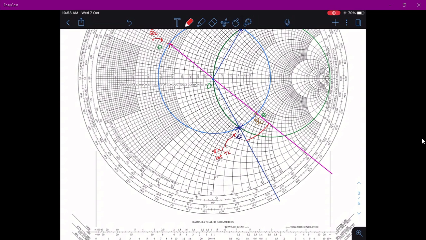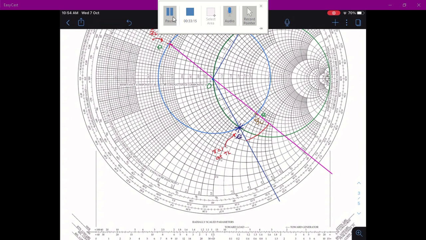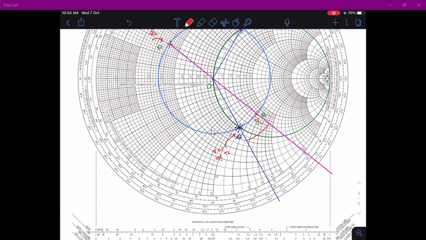If you move from the point YL to Q towards the generator, you will get the point. Towards generator means you move in the counterclockwise direction. You will get the point in the transmission line at distance L.